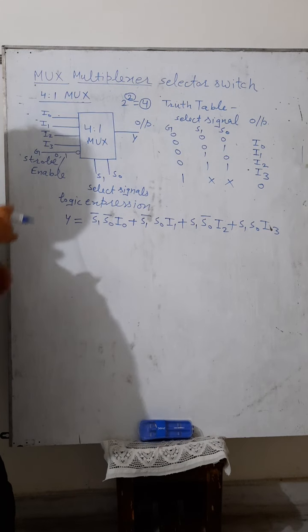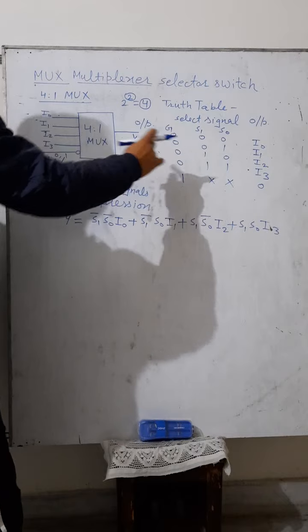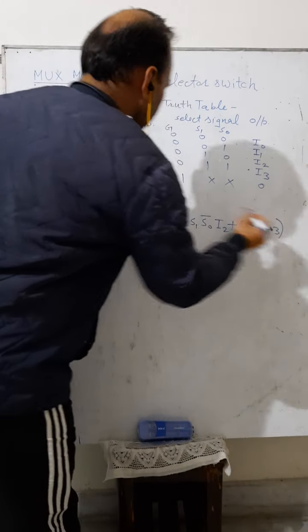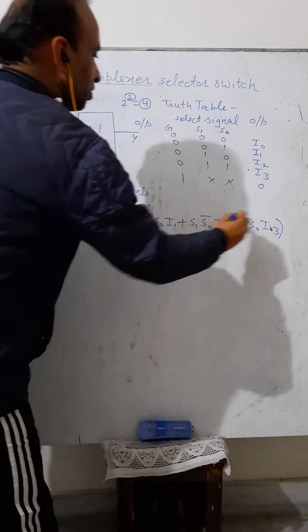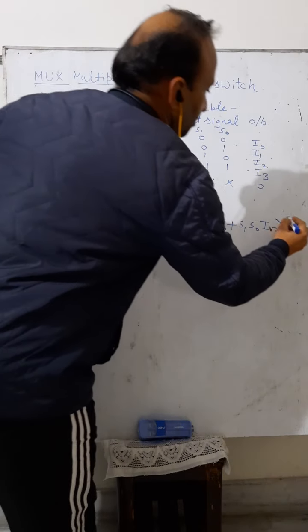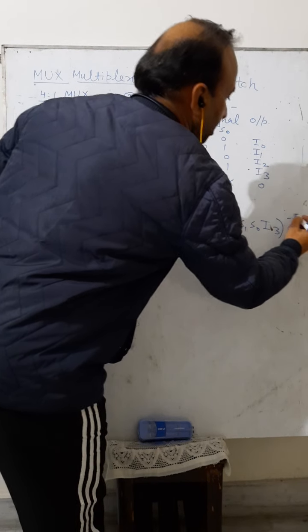Now what will be the role of G here? It is a strobe signal. We multiply this entire SOP form with G bar.